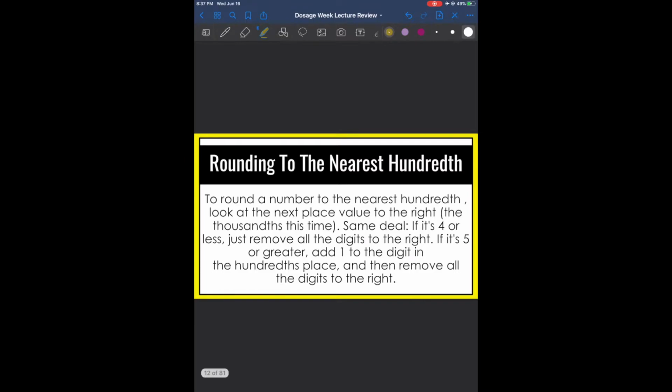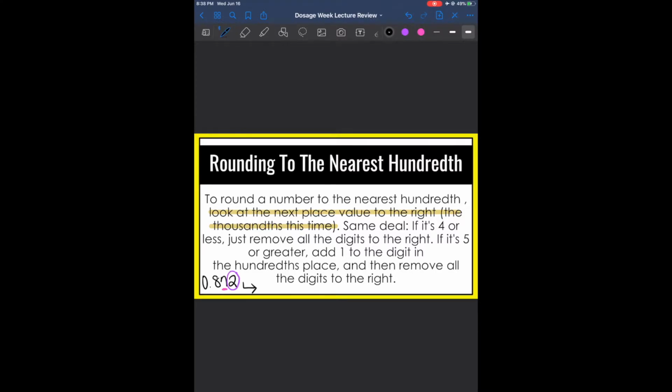Hundredths is the same sort of deal, except instead of looking at the number in the 100th spot, that second number after your decimal, you're looking at the third number after your decimal. So for example, 0.872. We want to round to the nearest hundredth, so we're basing our rounding off of the 2.